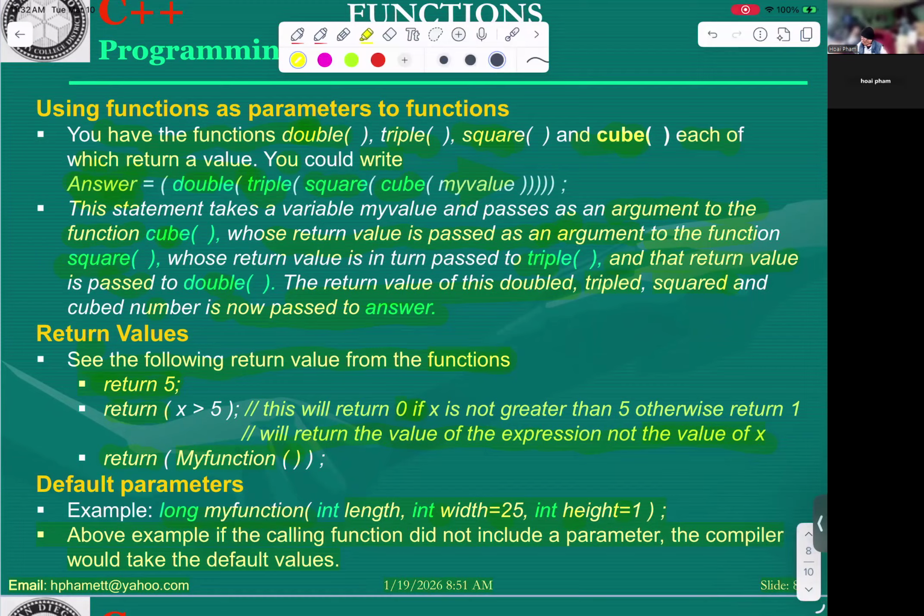For example, if the calling function did not include a parameter, the compiler would take the default value. Like we say, width equal 25. If you do not supply any more value, automatically they use 25.